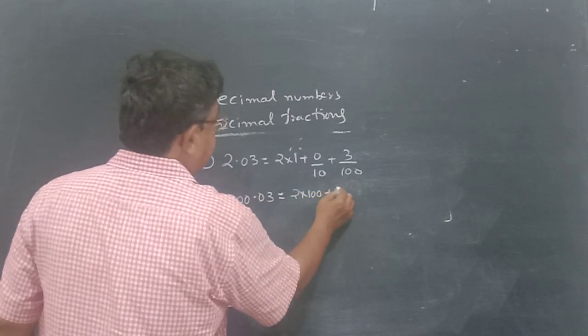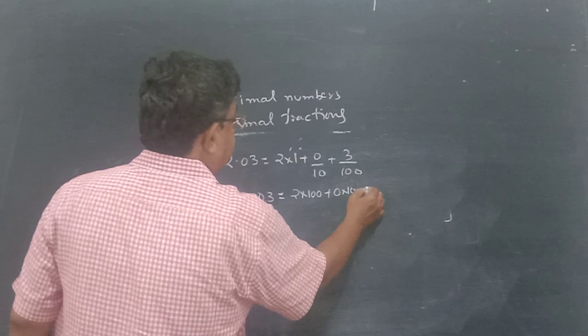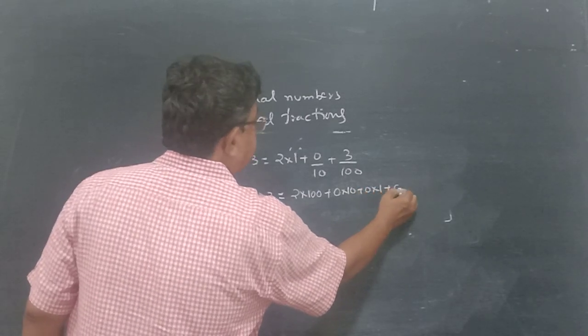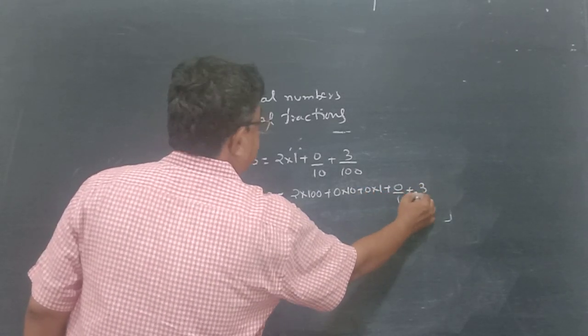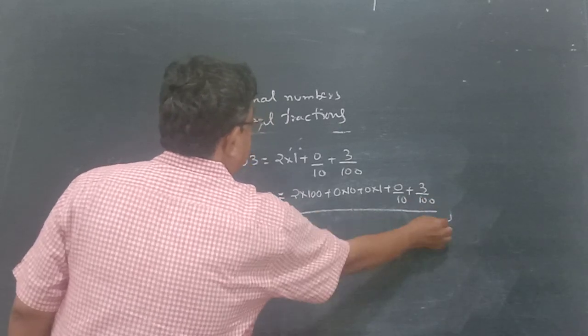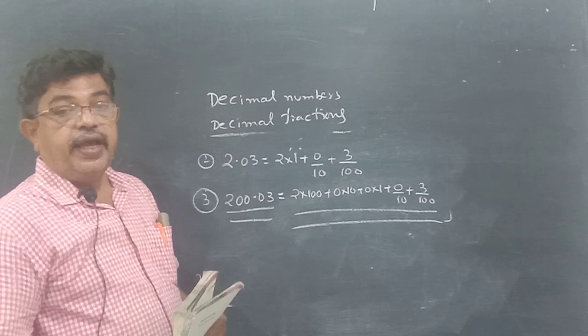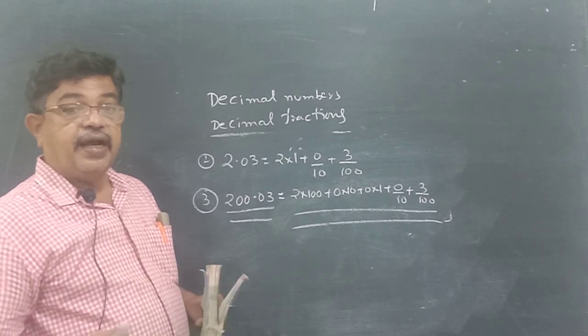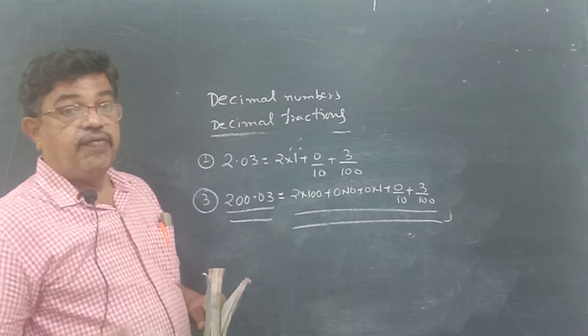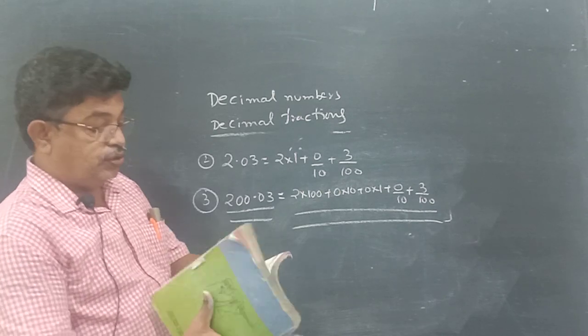This 0 is in tens place, 0 into 10 plus 0 into 1 plus 0 by 10 plus 3 by 100. So this is the expanded form of 200.03. Expanded form is nothing but writing the digits of the numbers with respect to the place values.